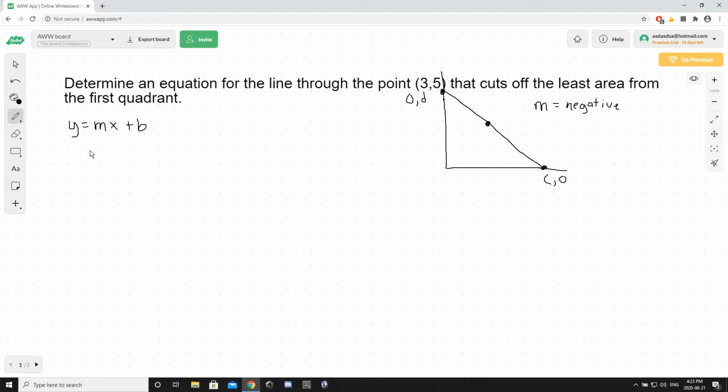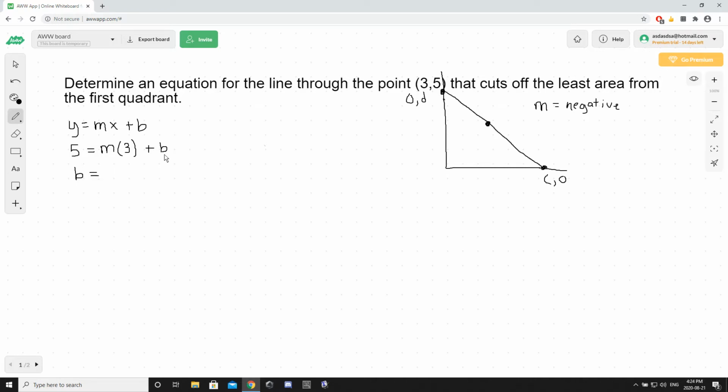So what we can start by doing is say, well, we know that when y is 5, x is 3. So I'm going to say, when y is 5, I don't have the slope, but I do know that x is 3, and that plus b. The reason this is nice is that now I actually have an equation for the y-intercept of my line.